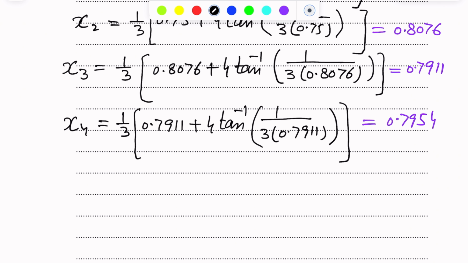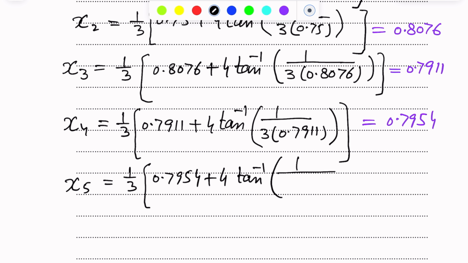Next we will find x5, that is 1 over 3 into 0.7954 plus 4 tan inverse 1 over 3 into 0.7954.